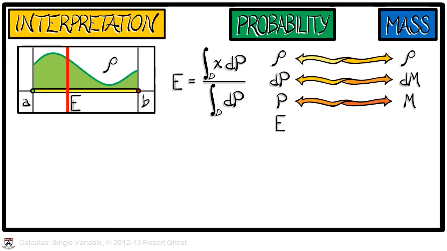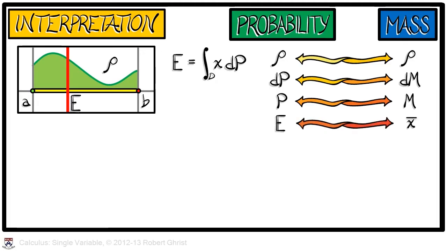And so what we're really doing is computing the average x value with respect to the probability measure. That is something that we have seen before in the mass context. That is the centroid, x bar. So you can think of the expectation as a probabilistic centroid.